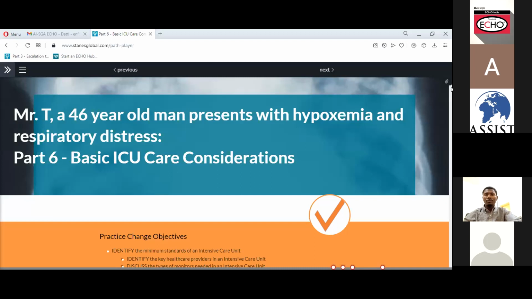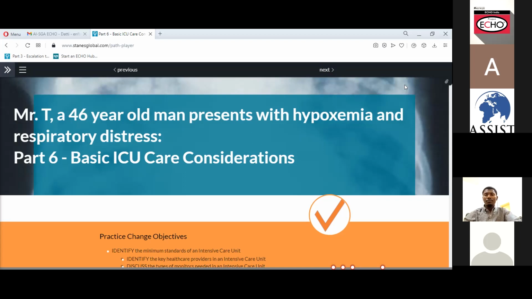But before we get to that, we'd like to look at what we need to learn from this discussion to change the way we practice in our various settings, in spite of the various limitations we will have. We are aware that the capacity of facilities changes from one area to another.